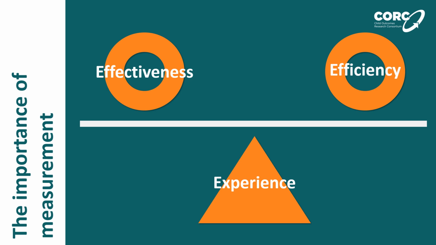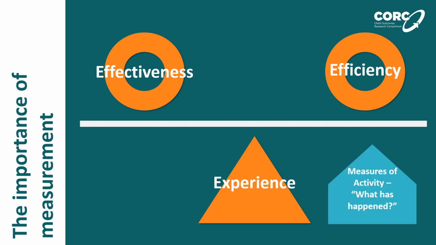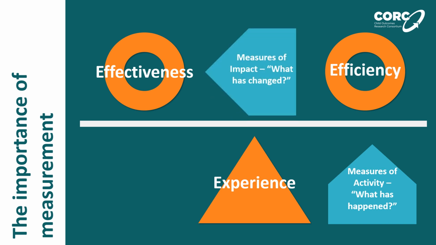To demonstrate how efficient your service is, you will usually want to quantify activity such as access and waiting times. These data and information can help to ensure a responsive service. To demonstrate effectiveness, you'll want to know if you are having the desired impact on the target population, usually aiming to see a positive change in something specific. And then there's experience.